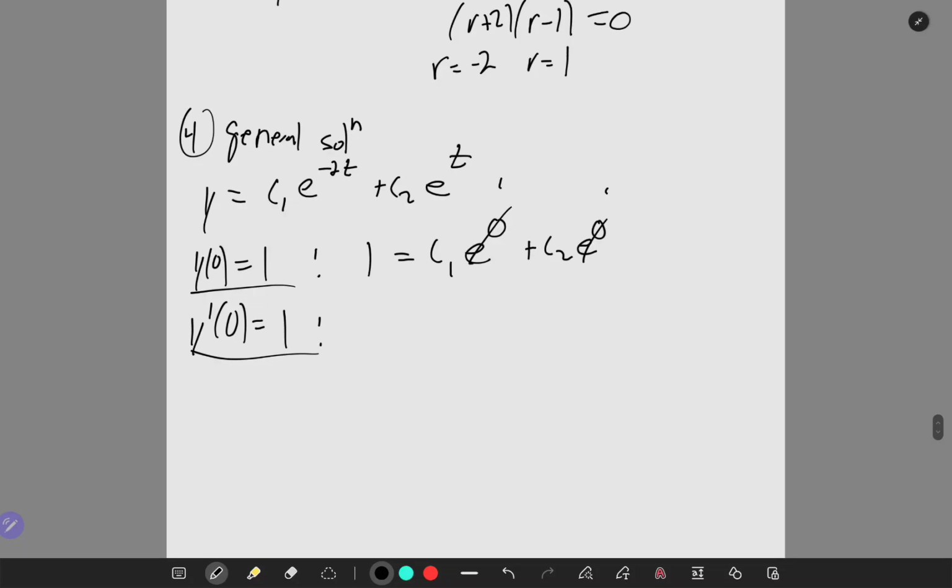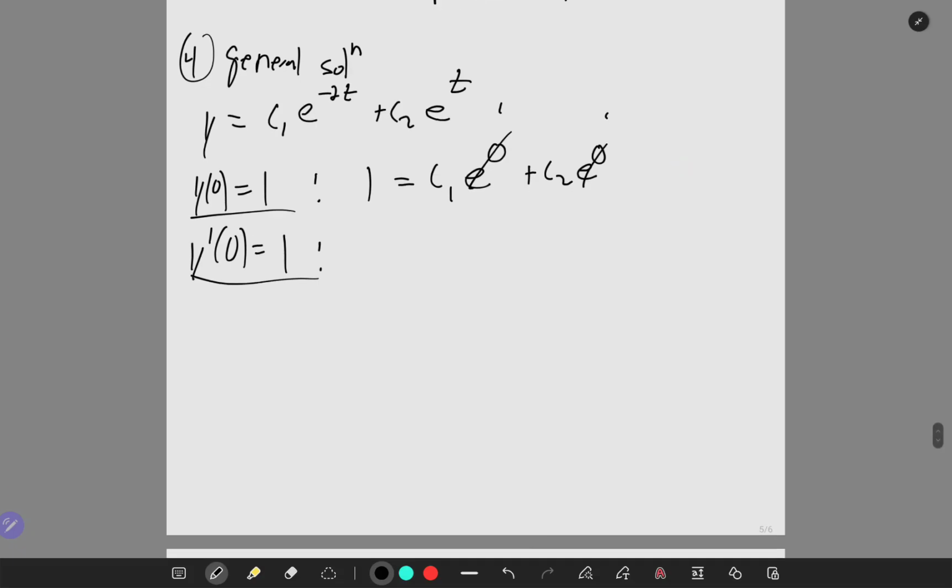For this one, we have to take the first derivative. So we have to actually find y prime, right? So this will be negative 2 c1 e to the negative 2t plus c2 e to the t, right? And then you can plug in our initial condition.